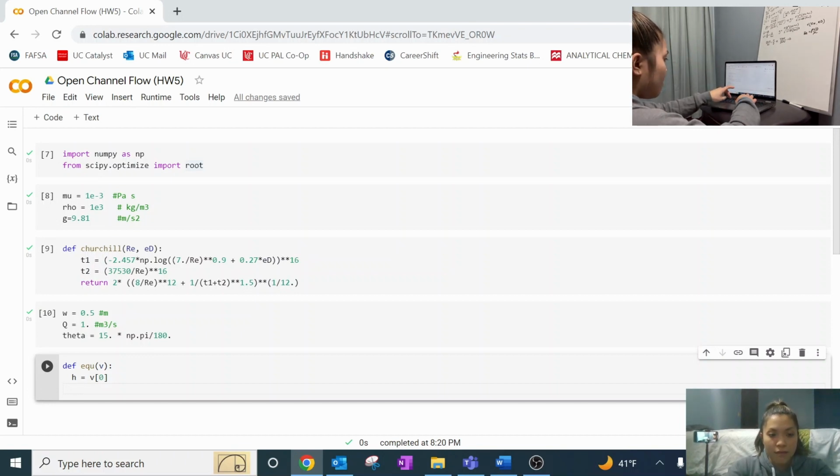First we have that the diameter is equal to 4 times the height times the width divided by 2 times the height plus the width.